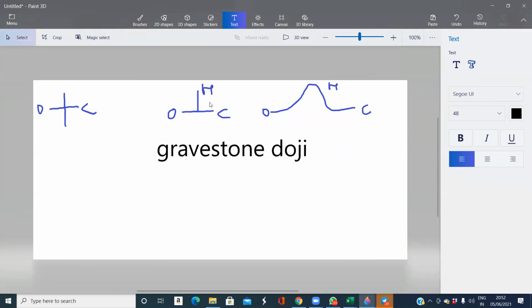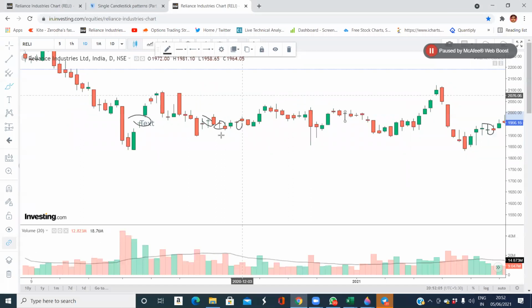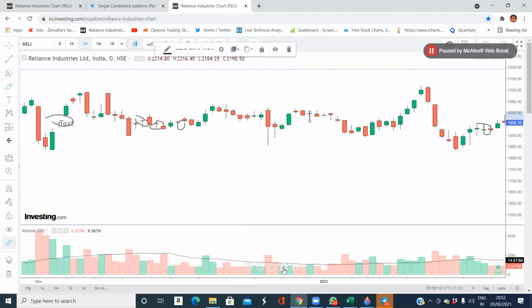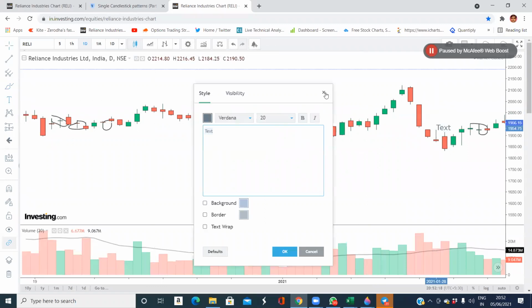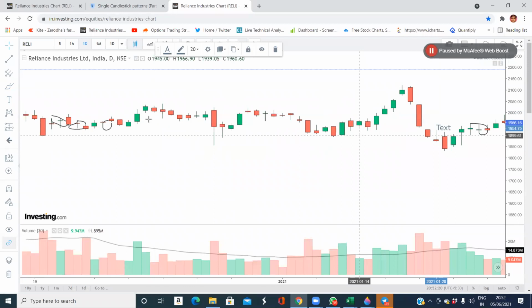Let us see whether this type of candle is available on this chart or not. This is the candle. This is a gravestone doji.